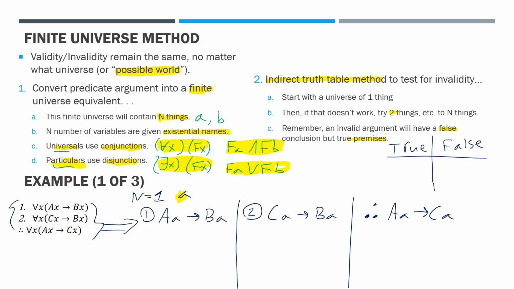Well, it's a conditional. If AA, then CA. The only way that can be false is if we have a true antecedent but a false consequent. So AA is true, CA is false. So we have a false conclusion here.